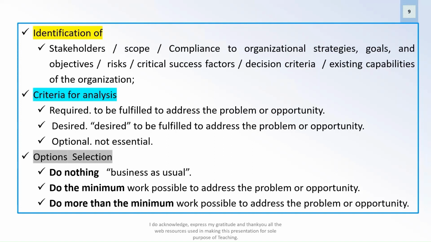What are the risks? What are the success factors? What are the decision criteria? And the most important is where we are today, the existing capabilities of the organization. So these are identified clearly in the business case.